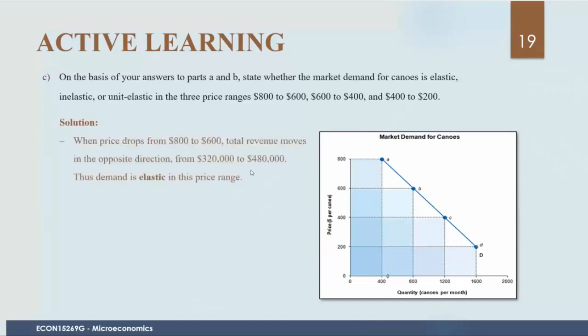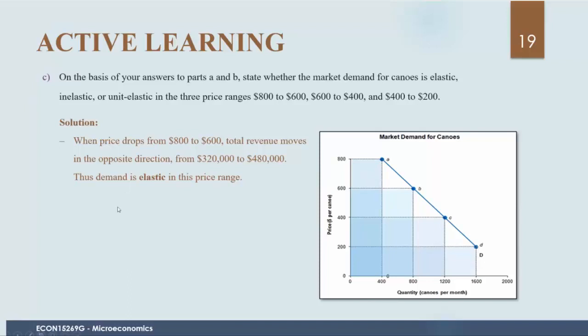If we look at the price going from 800 to 600, total revenue moves in the opposite direction. It goes from 320,000 to 480,000. So again, if the price falls and revenue increases, as it does between the price of 800 and 600, we say that this range is elastic.